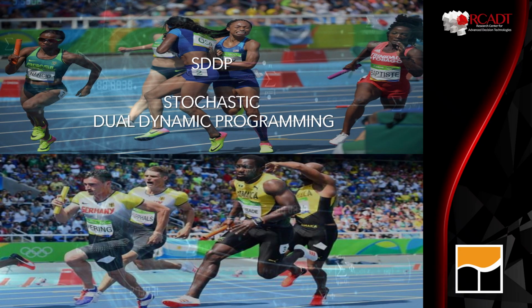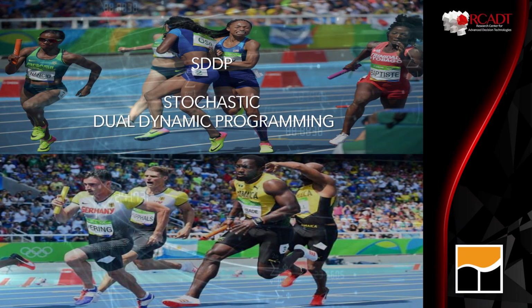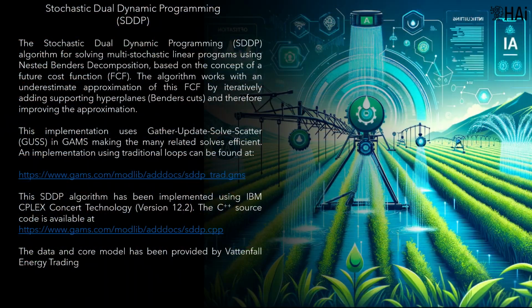Case, SDDP, Stochastic Dual Dynamic Programming. The Stochastic Dual Dynamic Programming, SDDP, algorithm for solving multi-stage stochastic linear programs uses nested Bender's decomposition, based on the concept of a future cost function, FCF. The algorithm works with an underestimate approximation of this FCF by iteratively adding supporting hyperplanes, Bender's cuts, and therefore improving the approximation.